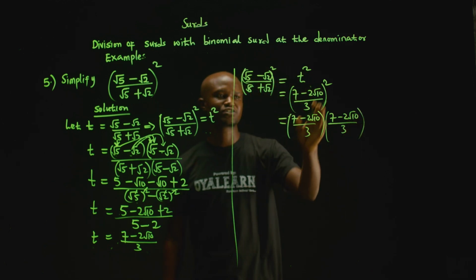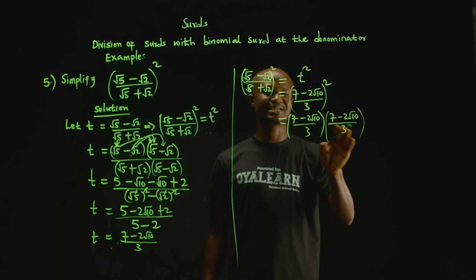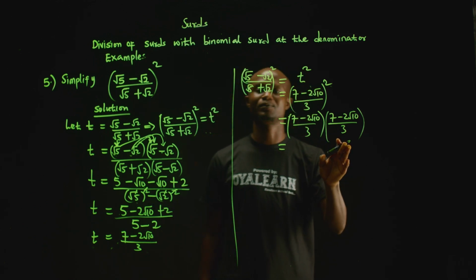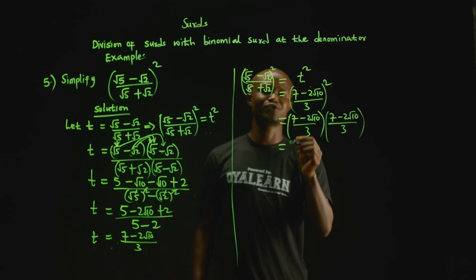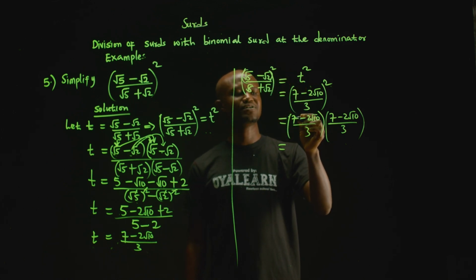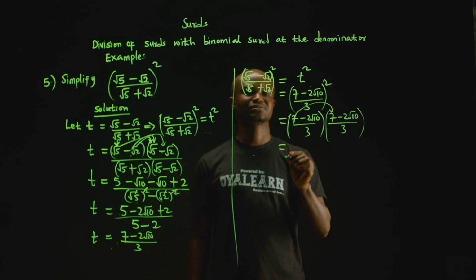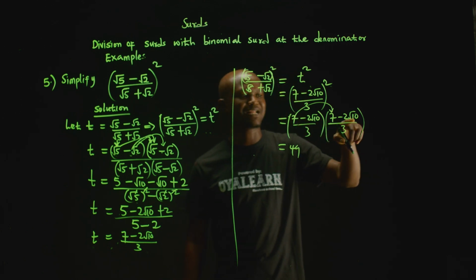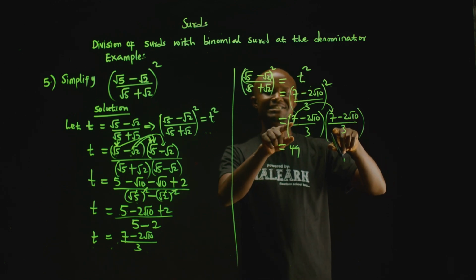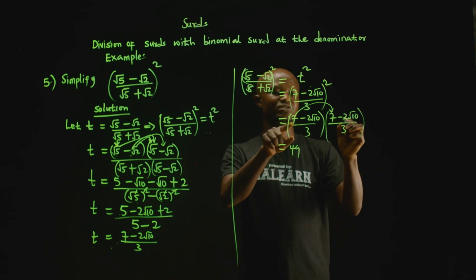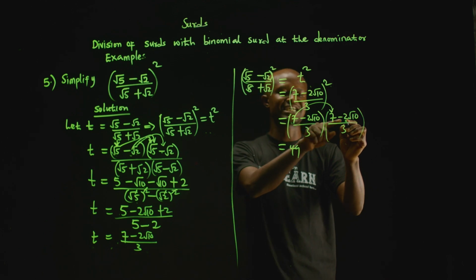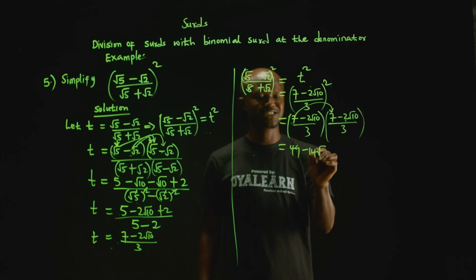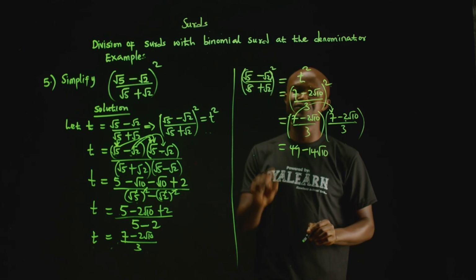Why are we doing this? Because we have raised power 2, so the same expression. Numerator will multiply numerator, denominator will multiply denominator. So from here we can have 7 times 7, expansion. That's 49. That same 7, the first term here, we multiply this, and this is just a number, it's not a surd. So here we have 7 times −2, −14, then we have −14√10. We have used this 7.